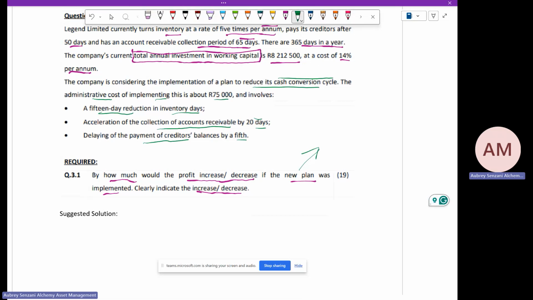What is the plan? Why are we reducing the CCC? What is the CCC all about?